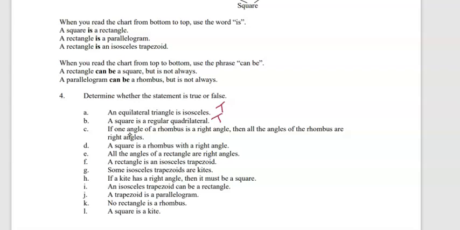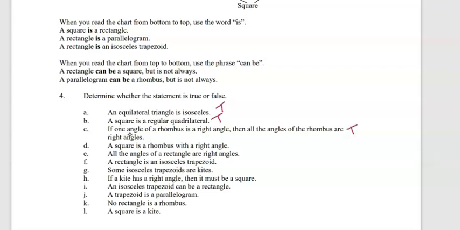If one of the angles is right, that would have to make all of the angles right, because with those four sides being the same, if one of those angles is right, then automatically that becomes a square. So it's a rhombus with a right angle, which means four right angles. And so that actually becomes a square. So this would also be true.